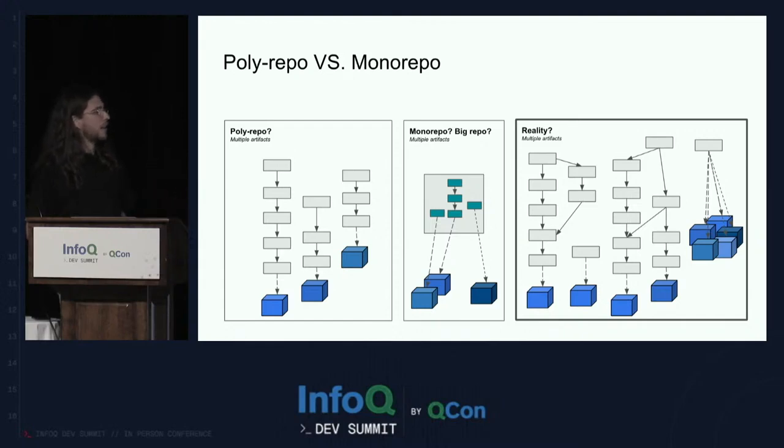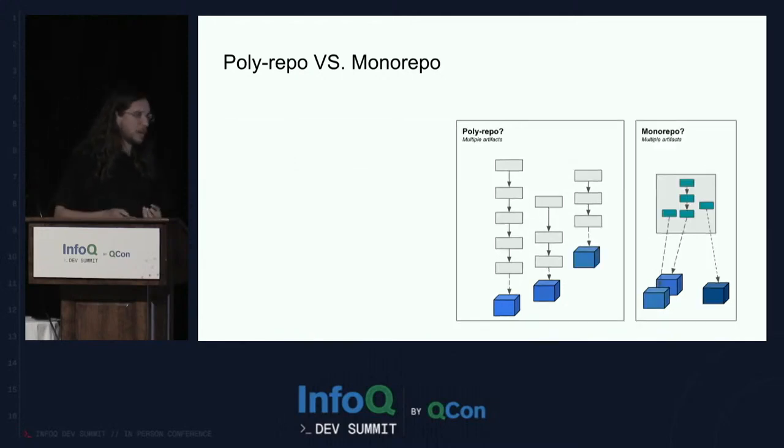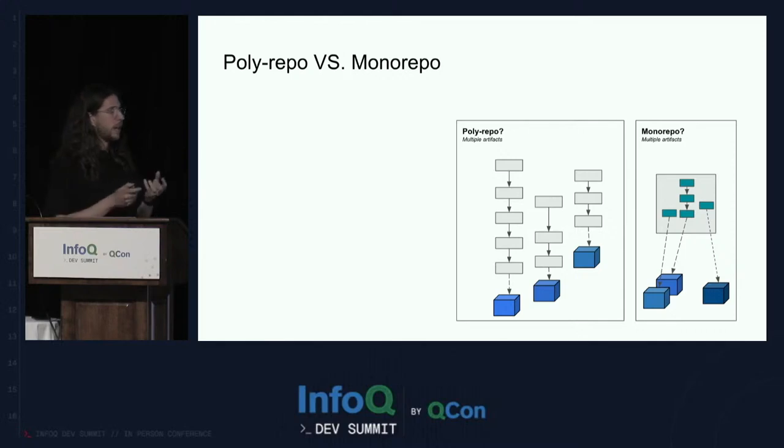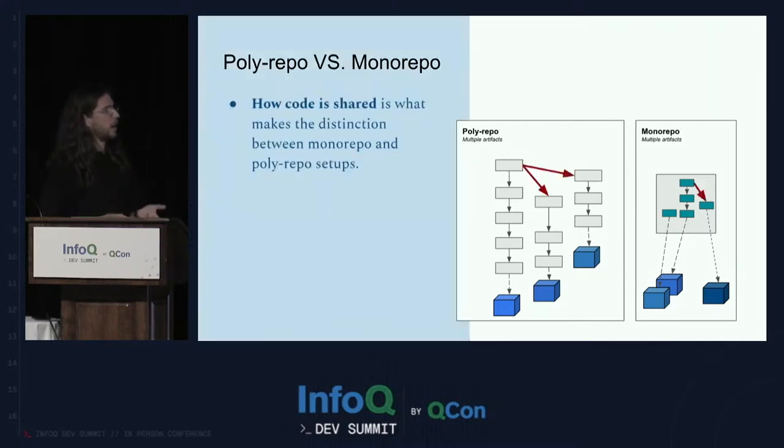And then I guess most of us work in a setup that is very similar to this, where you have everything mixed together, and you cannot tell whether or not you're using polyrepo or monorepo or both or neither, right? So a simple way to understand them, in my view, is to say that what defines if a setting of repos that produce artifacts can be understood as a polyrepo or a monorepo setting is the way you share code between these pieces that you have to produce the artifacts, right?